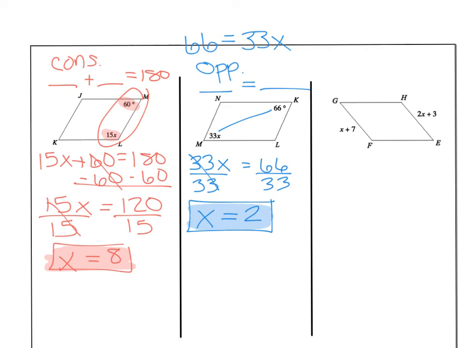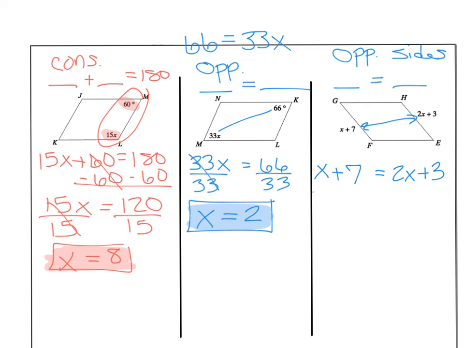Lastly, we're looking at these sides. Opposite sides, directly across from each other. Remember, those are congruent. So we have side equals the other side: x plus 7 equals 2x plus 3. I'm going to solve to get the x by itself. Now I have x's on both sides.